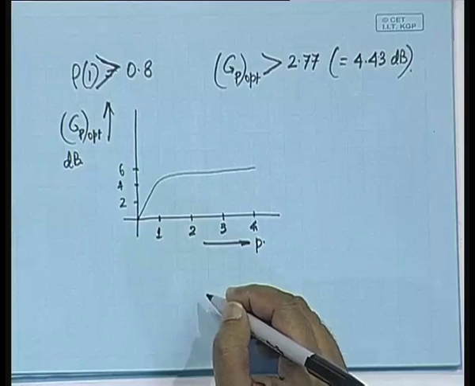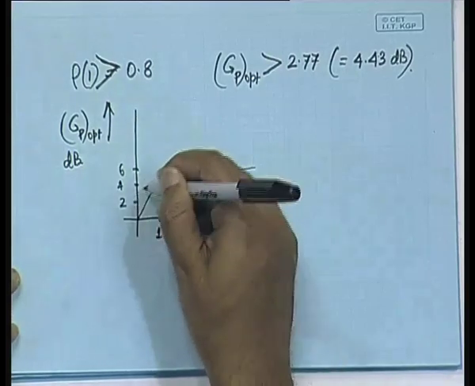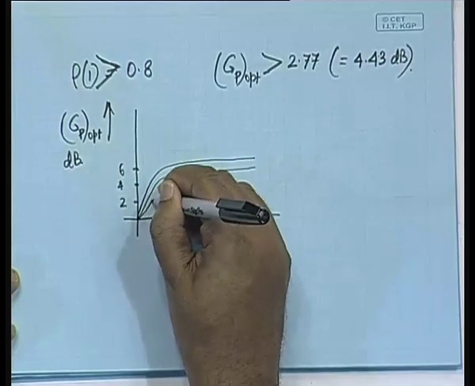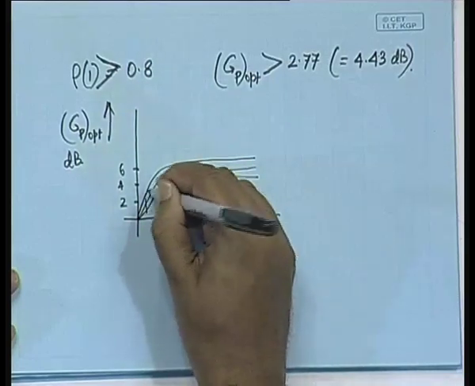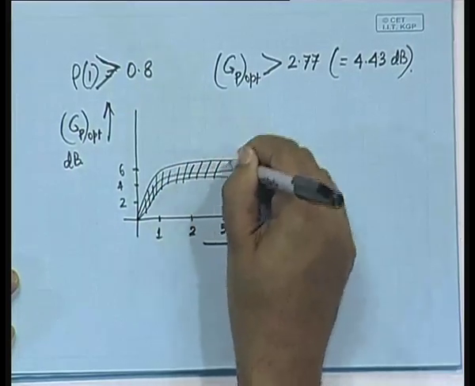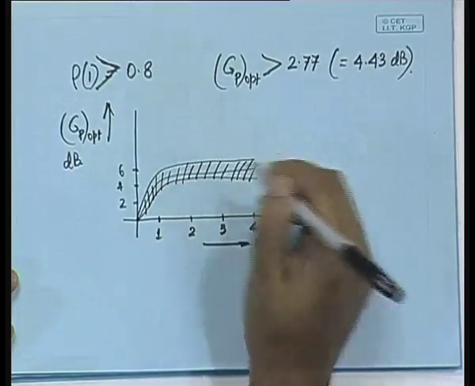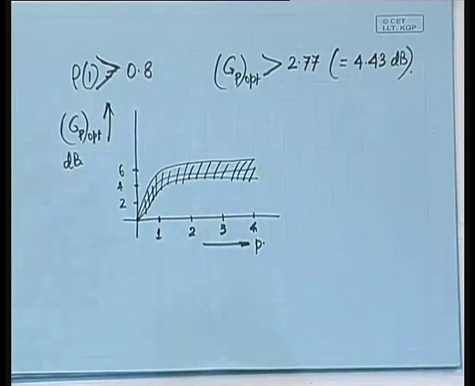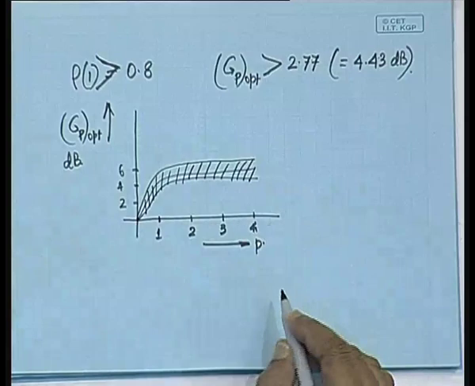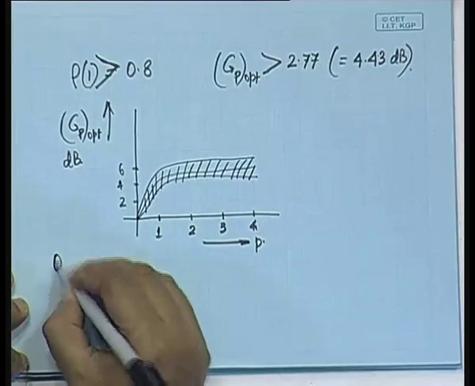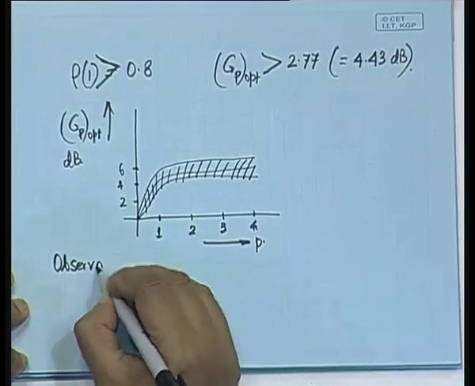In fact, most of the time you will find P equal to 1 only, and the range of values may lie in a band like this. So, the best case improvement may be of the order of 6 dB, the worst case improvement may be of the order of 3 dB, and somewhere here the GP value would lie. So, what are our observations about the differential quantization?